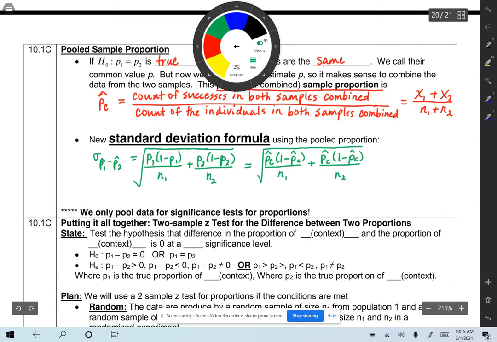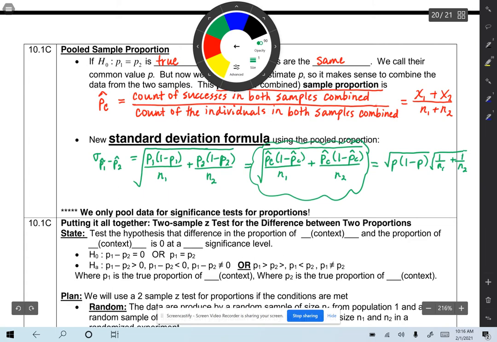And you can factor that out, and this is what is on your formula sheet. So you have P times 1 minus P times the square root of 1 over N1 plus 1 over N2. But you can just use this, which is what I prefer.